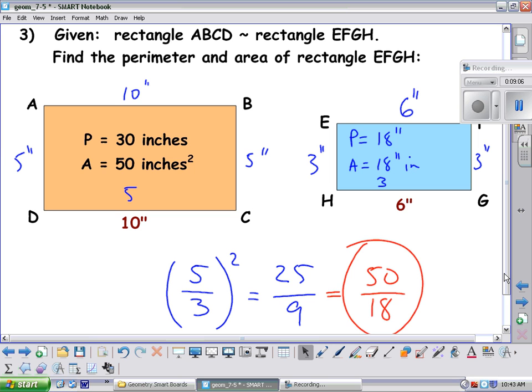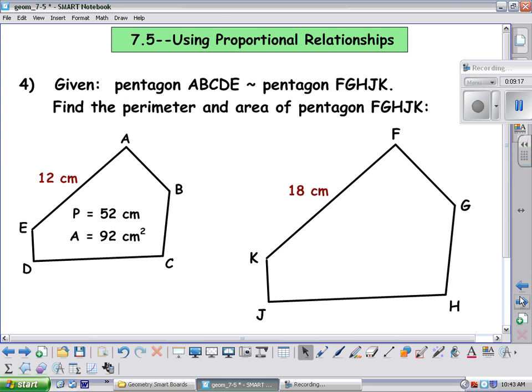So we can go ahead and figure this out, but all these relationships hold. So in this next problem, they're just going to give you the information so you don't have to figure it out. You can't fill all this stuff in, but you can still find out all this information. So for these pentagons here, if they say they're similar, I don't need a lot of information about a lot of the sides to do this problem if they give me the perimeter and the area. Okay, they want the perimeter and the area of the new guy. Well, 12 is to 18 is all I need because that means my ratio is 2 to 3.